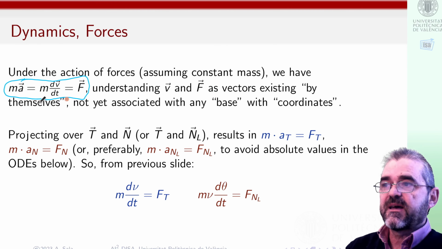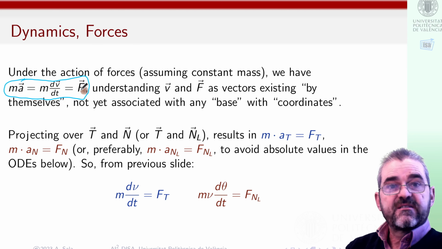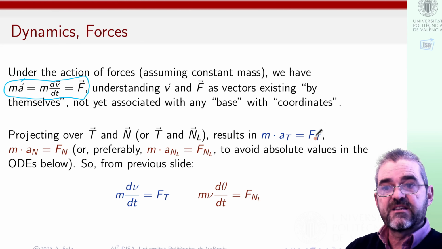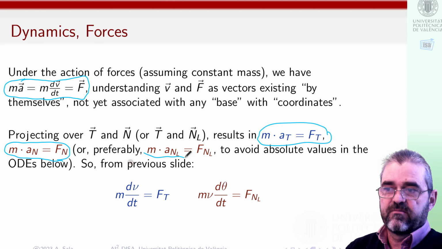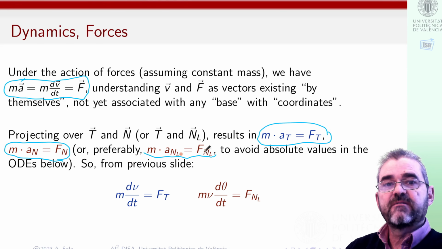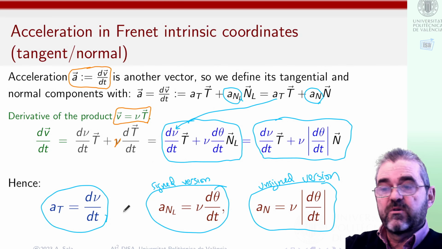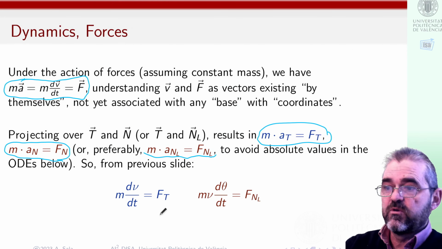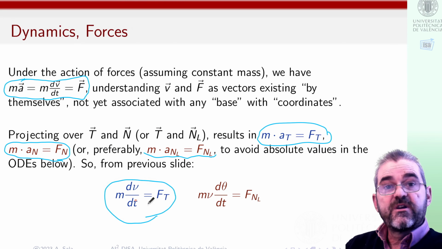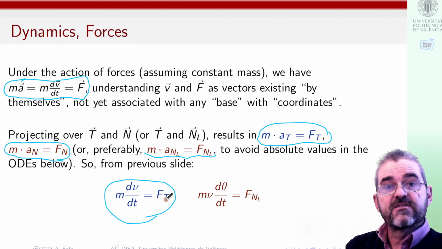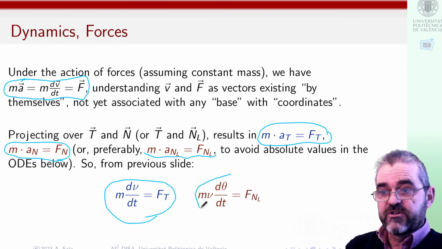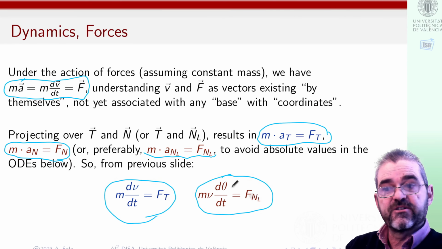So under constant mass, if we project the force over tangential and normal directions, or normal left directions, then replacing what we obtained here, we obtain these equations for the tangential acceleration and tangential force, and this equation for the normal acceleration and normal force.